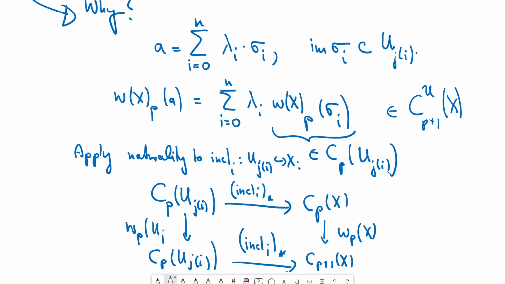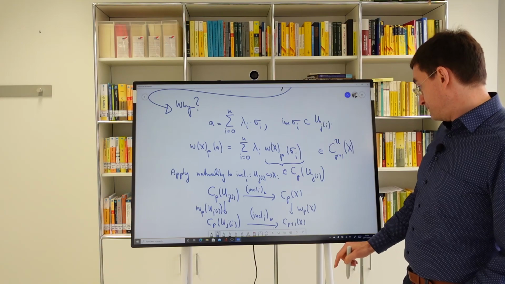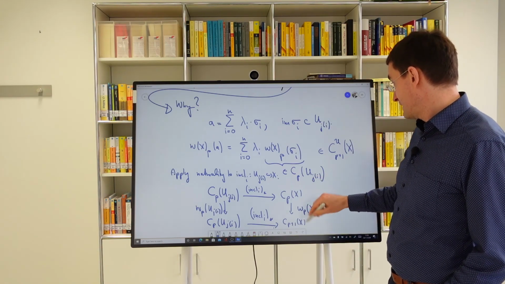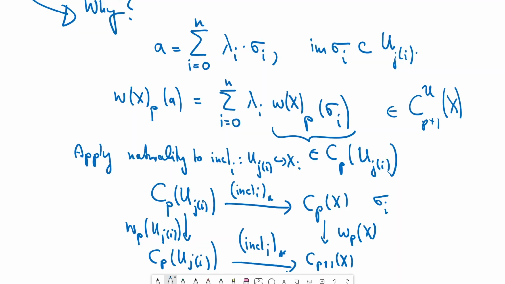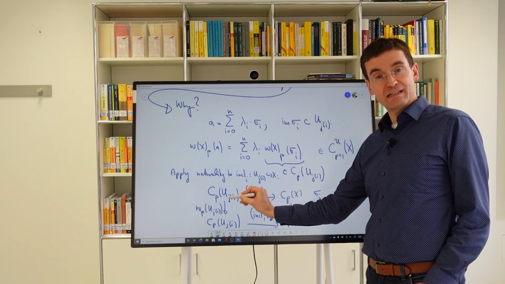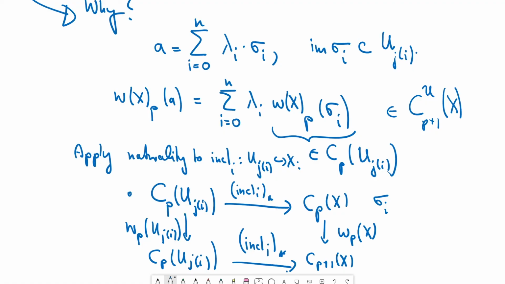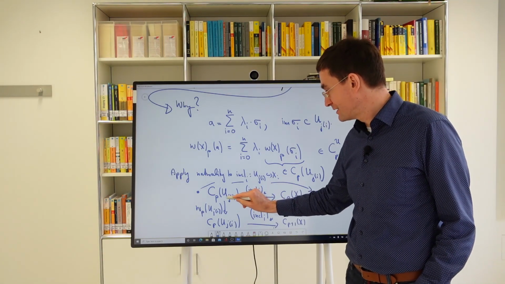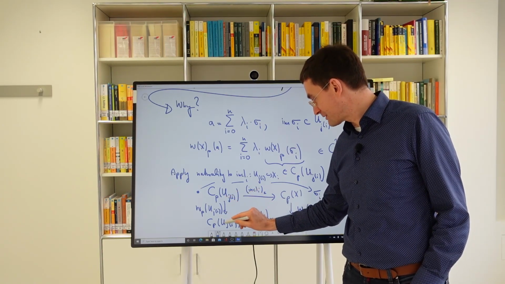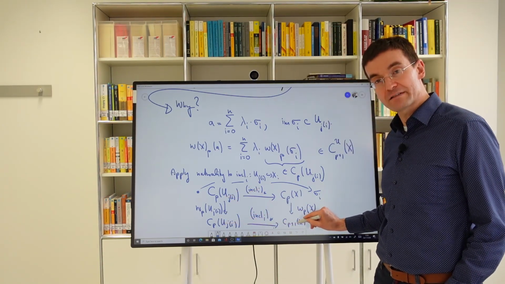Right? Now, the simplex sigma i is in C p x, but it comes from the left-hand side. So it actually lies in C p U j i, so it comes from here. And therefore, if we apply w p x to sigma i, we can also walk around this diagram, this commutative square, in that direction.